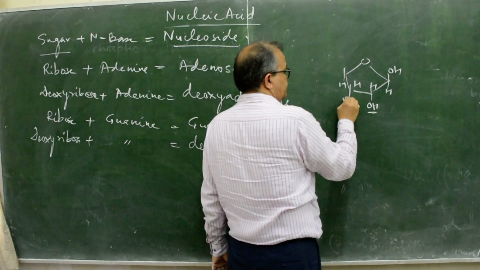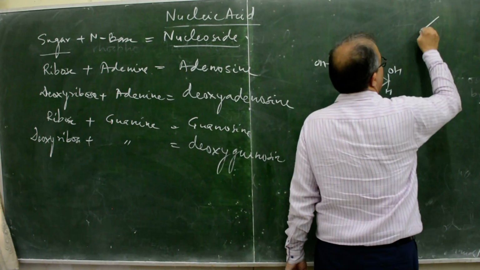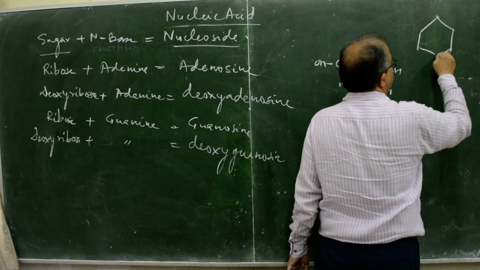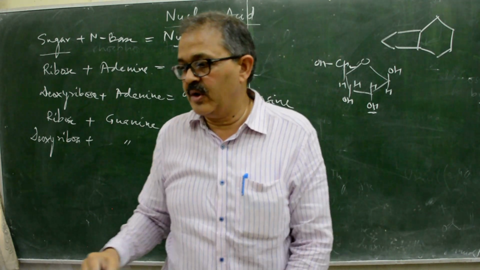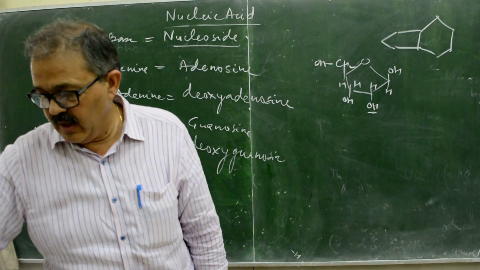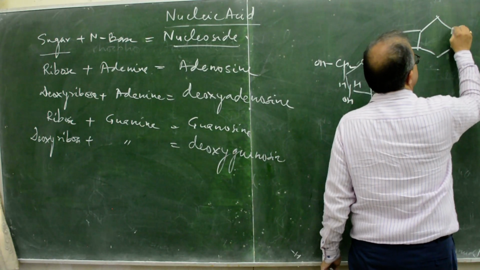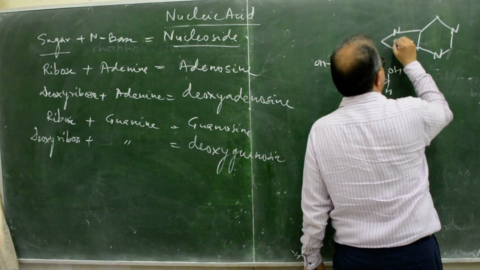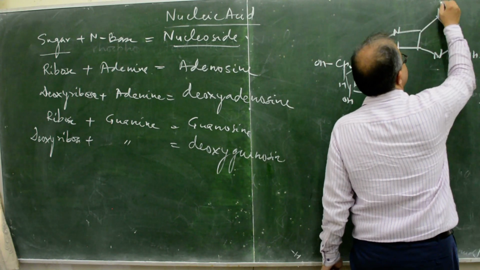This is the sugar, ribose sugar, and guanine. What is guanine? Guanine is a purine. Purine has 2 rings. So what is the formula of guanine? 2 amino, 6 oxy.